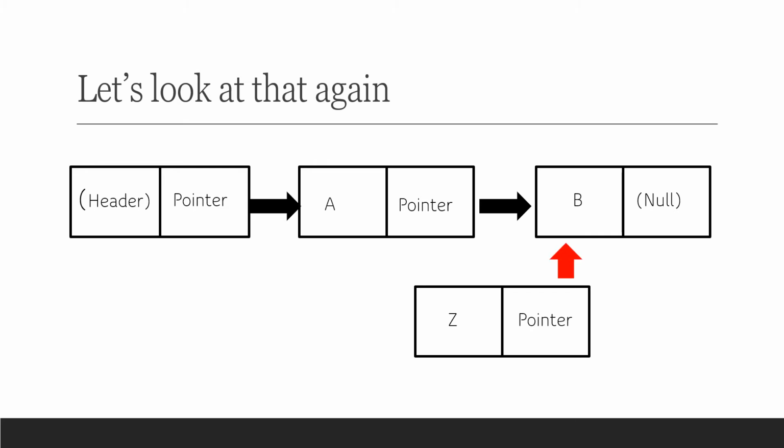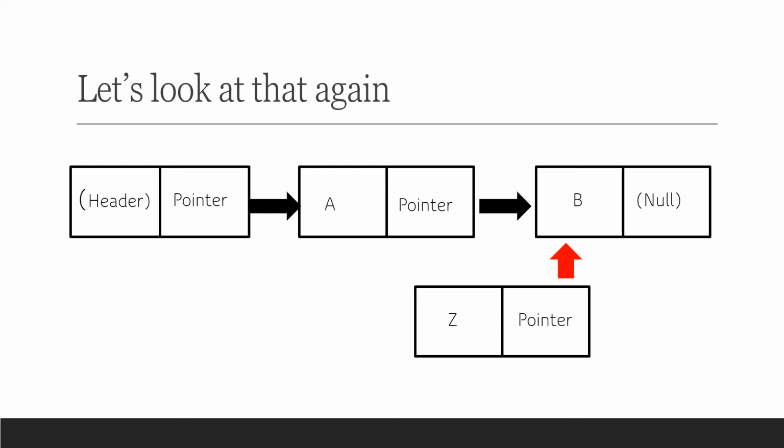First of all, I'm copying the pointer from A to Z, so they're now both pointing to B. I have to do that first before I change the pointer from A. If I did it the wrong way round, I would lose the pointer to B. And once I've lost the pointer to B, I would lose not only that node, but the entire rest of the list.